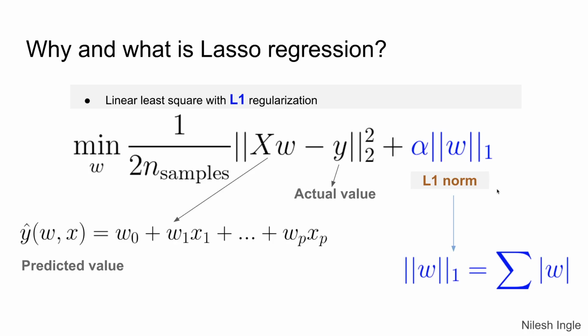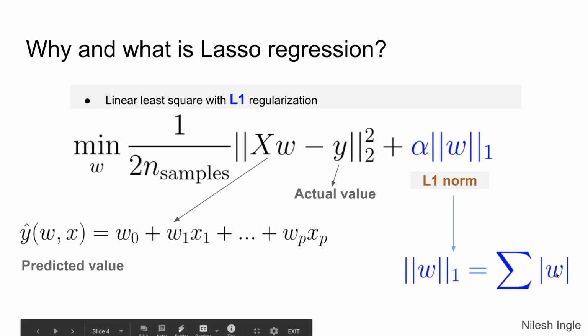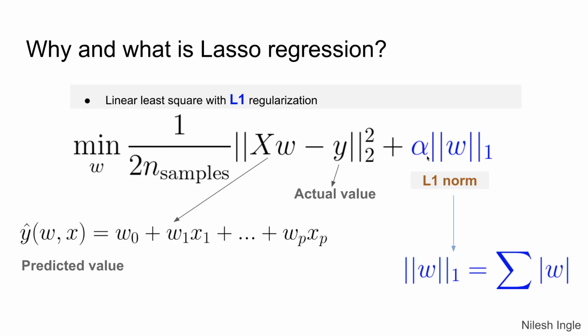It is just a simple absolute summation. So the absolute values of all the parameters are added, and that term is added to this objective function. In addition, the alpha regularization parameter is the same as it was before.